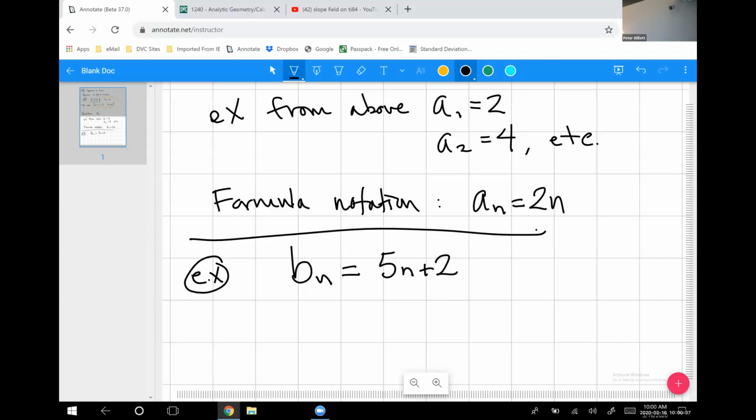And so then we can ask, for example, what are the first 4 members or elements of the sequence?